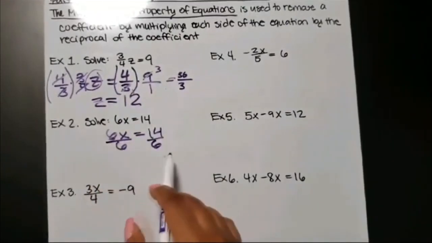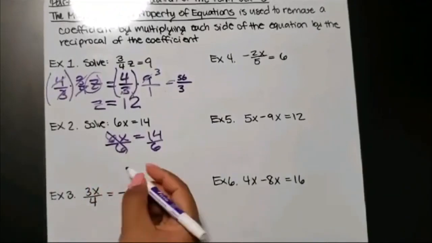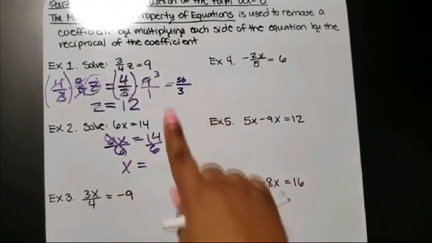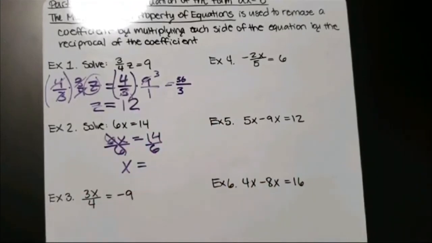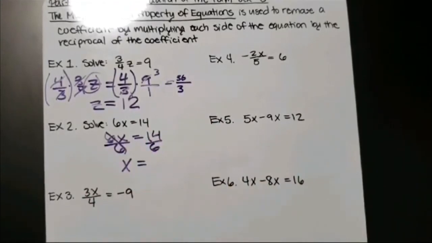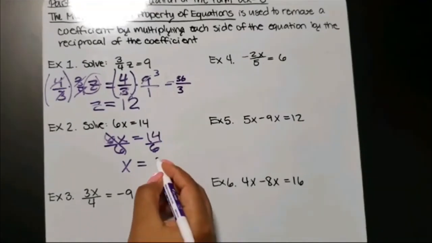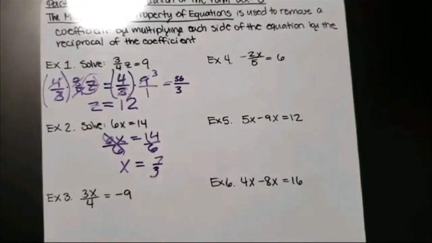So if we divide both sides by 6, 6 over 6 is 1. So we're left with x on this side, which is exactly what we wanted. And then we have 14 over 6 left on this side, which does not divide through evenly. So we can reduce the fraction. 14 and 6 are both divisible by 2. So we can reduce the fraction to get 7 over 3.